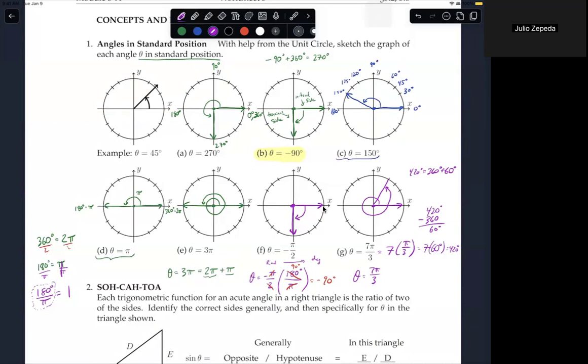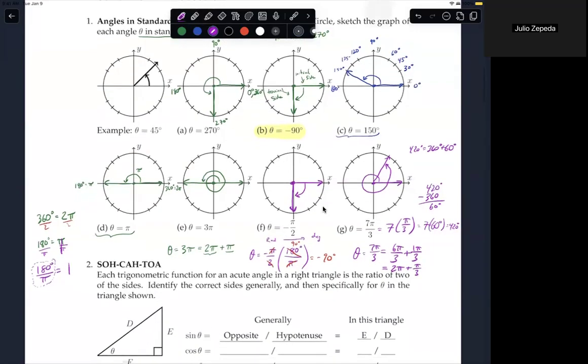Another way that we could have determined this, if you want to get good at using radians, is 7 pi over 3 is actually 6 pi over 3 plus 1 pi over 3, right? Just split up 7 into 6 and 1. And 6 pi over 3 is actually just 2 pi, right? So that's one complete rotation plus pi over 3. So I could have done the same thing without actually switching to degrees. I know a lot of people are more comfortable with degrees, so you can do it either way.